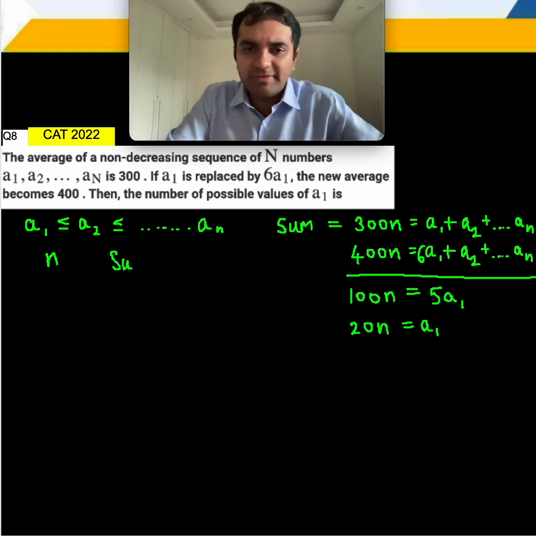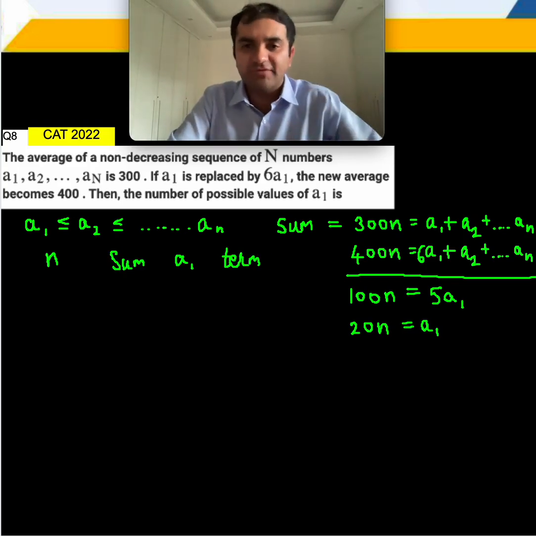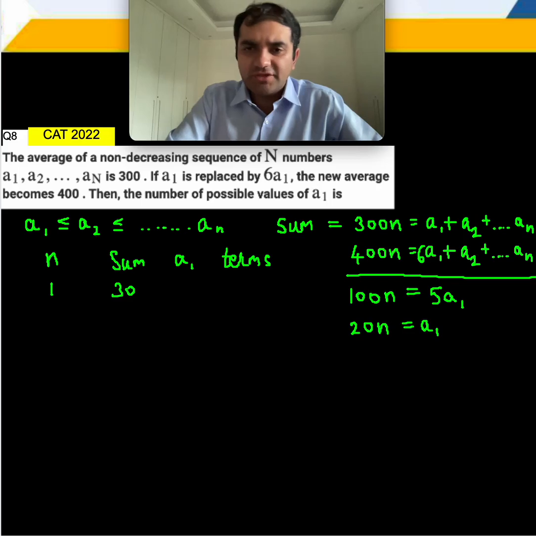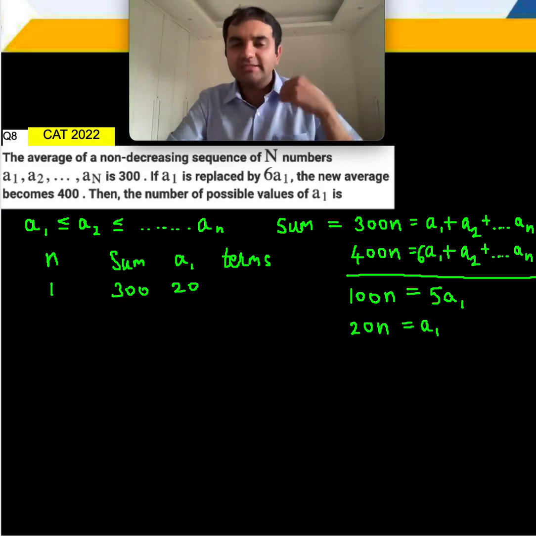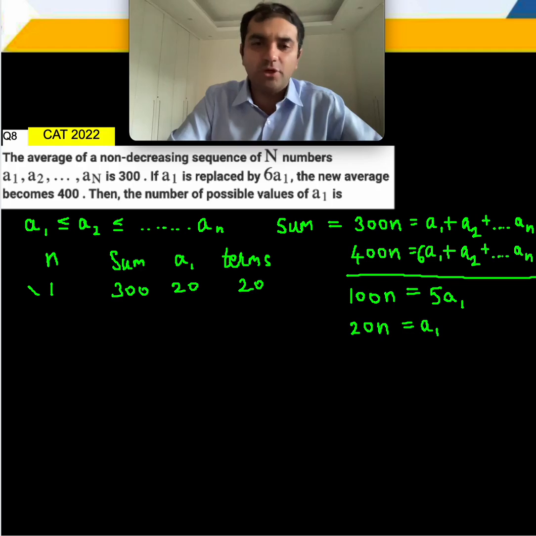So let me say I have n, the sum of terms and the first term, and what are the terms of the sequence. Suppose n is 1, then the sum of terms will be 300 into 1, that is 300. The first term will be 20. So how can there be one term 20 and the sum of terms 300? That is not possible.